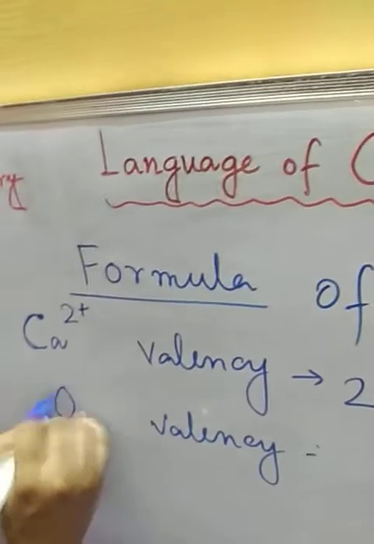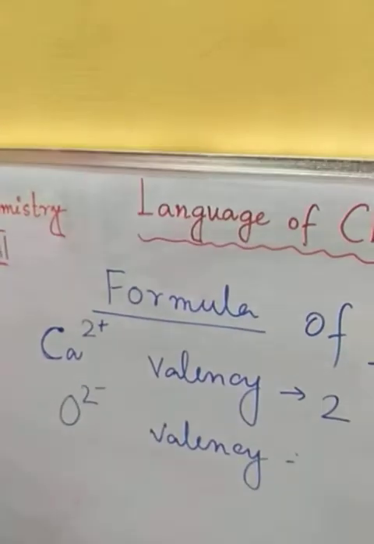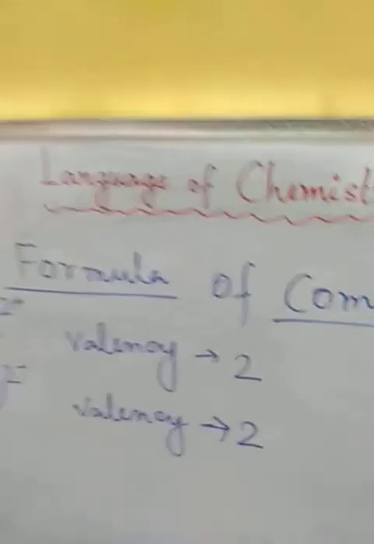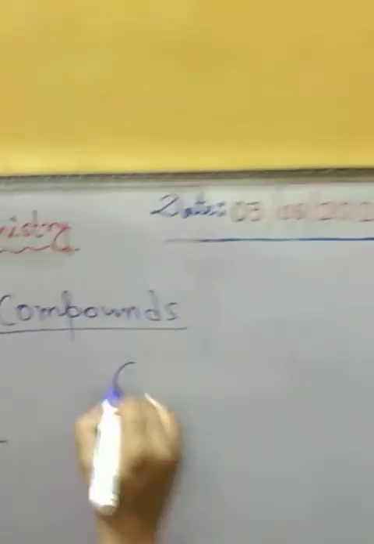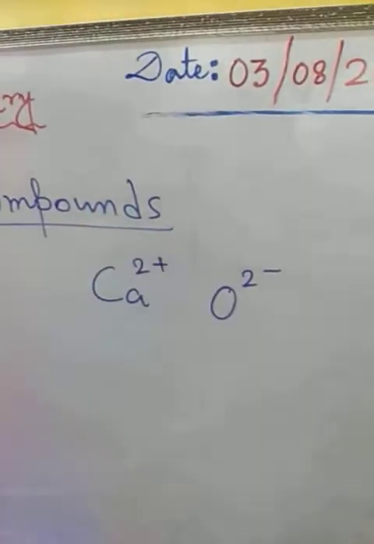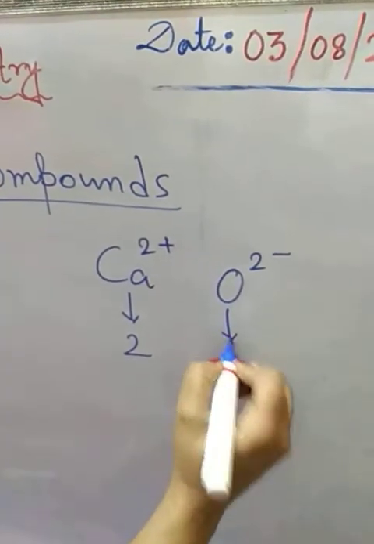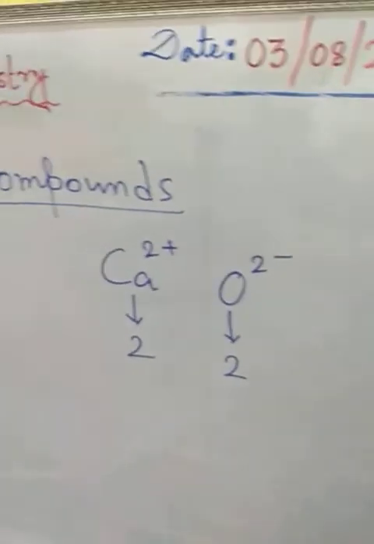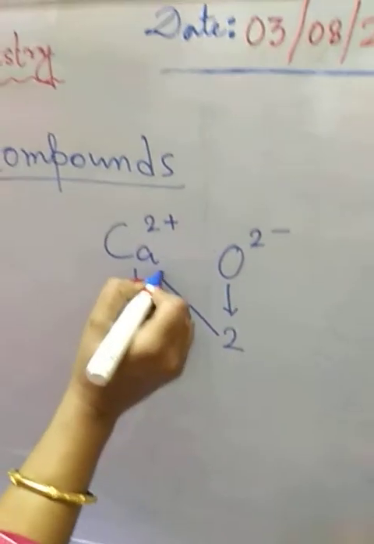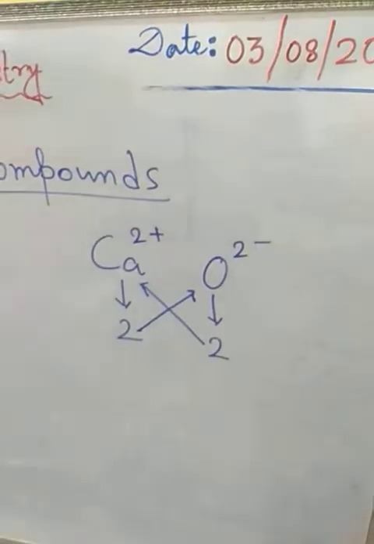And if we take oxygen, oxygen will form O2-, so its valency is also 2. Now when these two form the compound, calcium's valency is 2 and oxide's valency is also 2. So the 2 valency of oxide will go to calcium and the 2 valency of calcium will go to oxide.